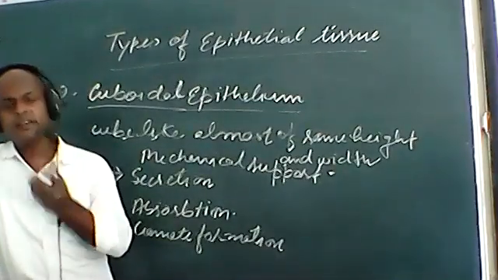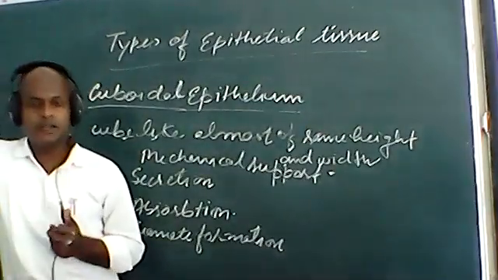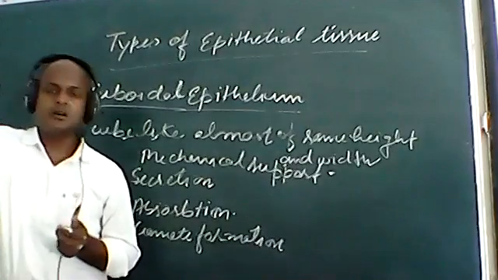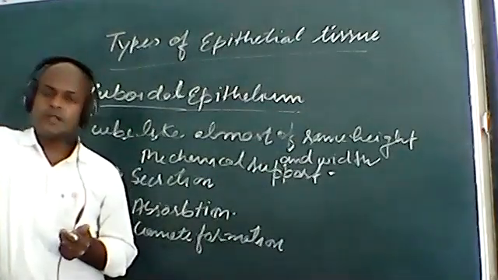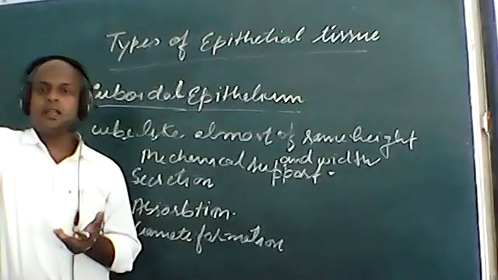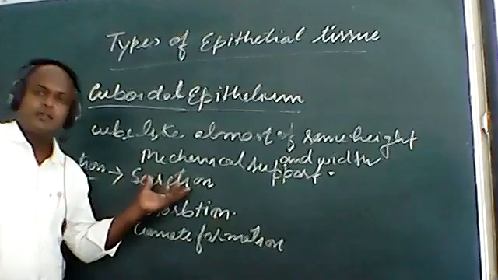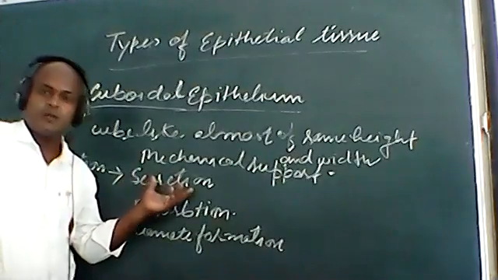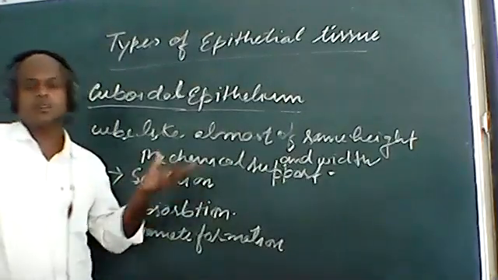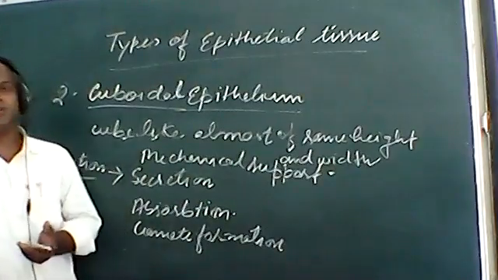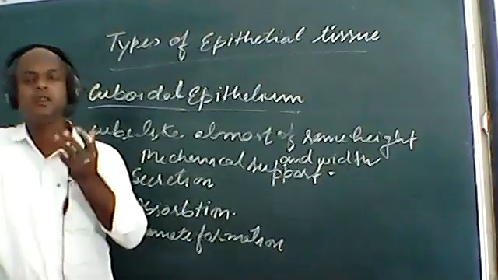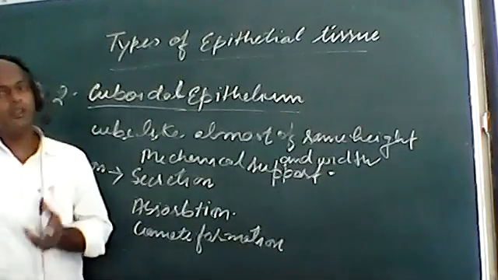It is also present in different types of endocrine glands where there is the secretion of different types of chemicals that are called hormones. So we can say that this cuboidal epithelium is helpful in the secretion of different types of digestive enzymes and hormones from the endocrine glands.